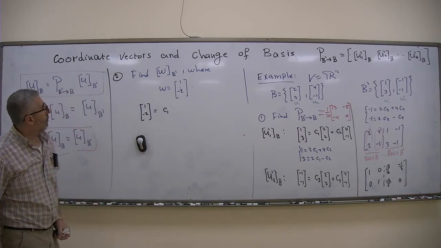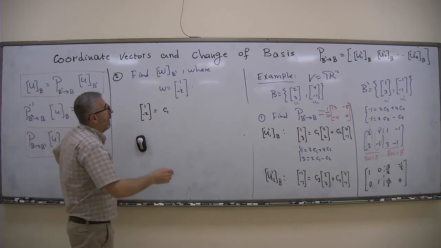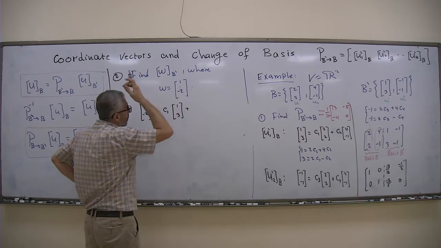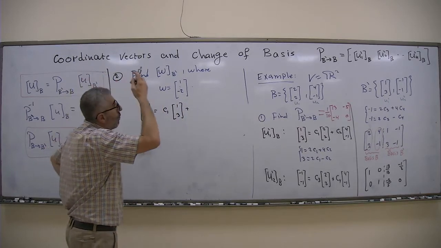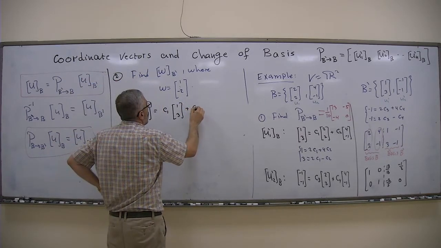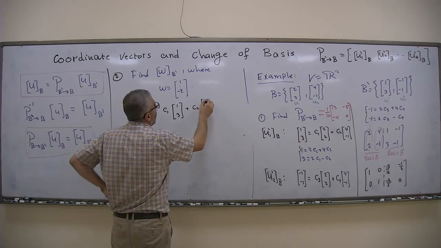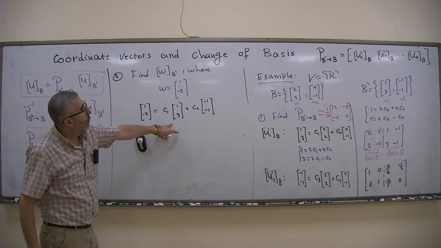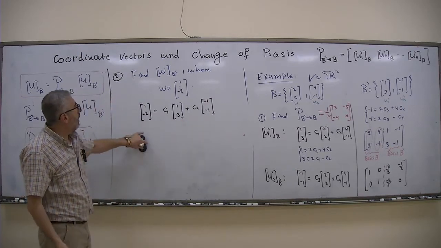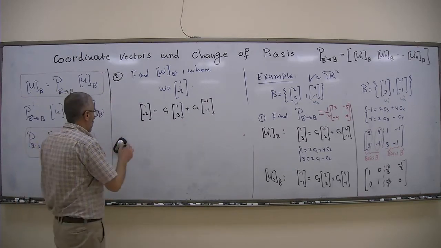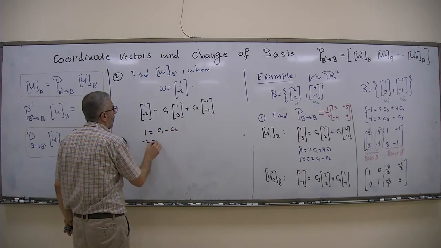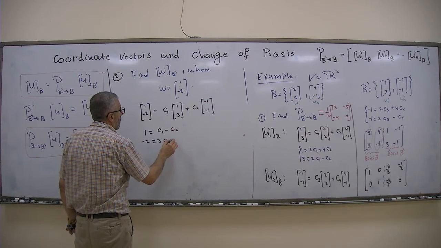Now it's more interesting. Okay, so 1, negative 2, write it as C1 times 1, 3, plus C2 times negative 1, negative 1. This is U1 prime, this is U2 prime. Again, here you have a linear system that is 1 equals C1 minus C2, and negative 2 equals 3C1 minus C2.